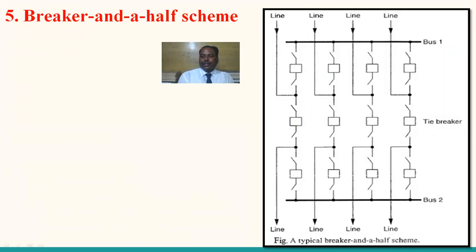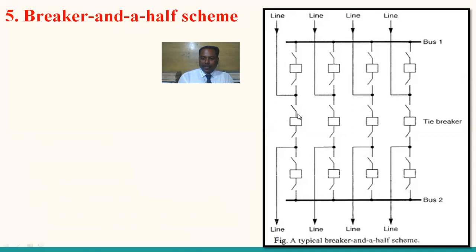Here already in the double bus bar there are only two breakers, but the third breaker comes into the picture here. Suppose this tie breaker is not there, this seems to be a double bus bar with a double breaker, but here the tie breaker comes into picture.